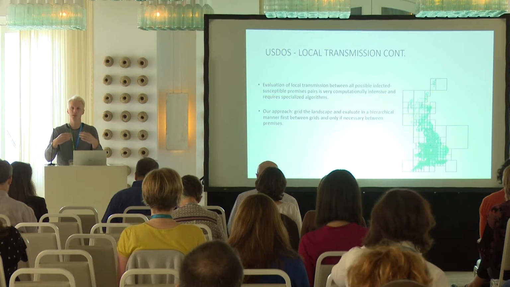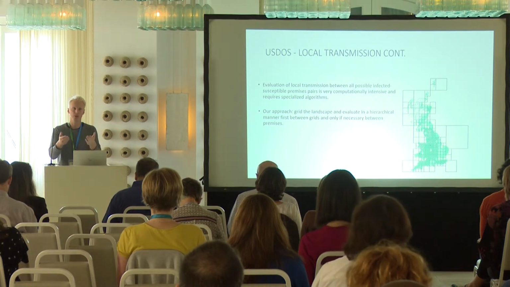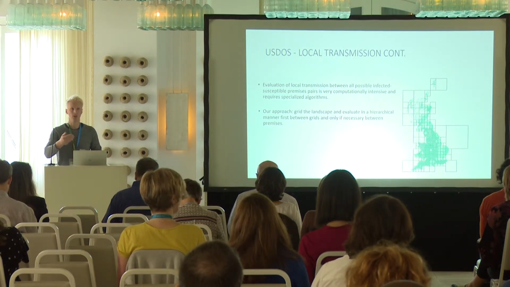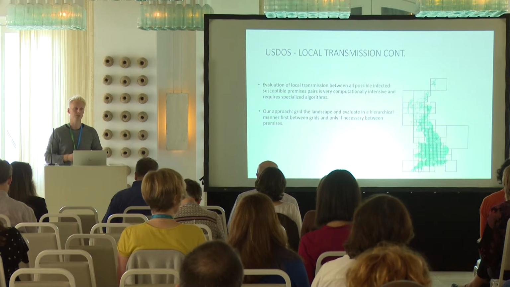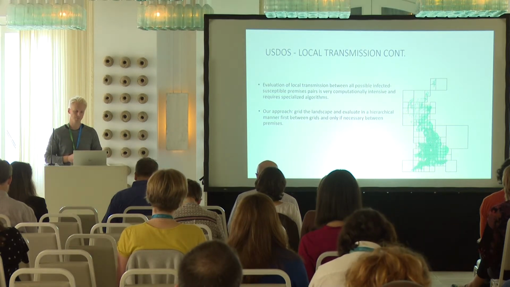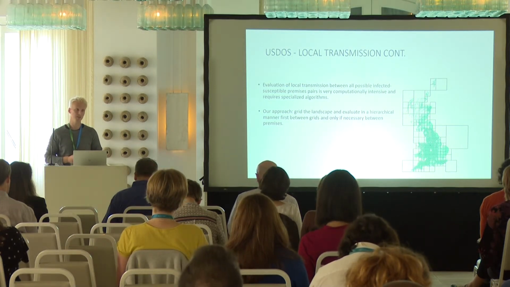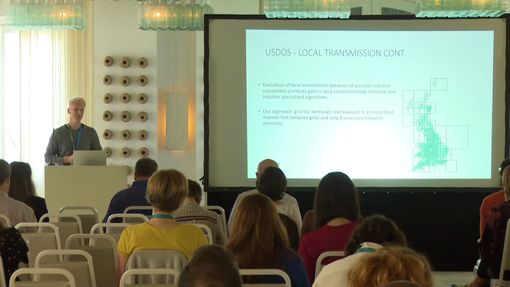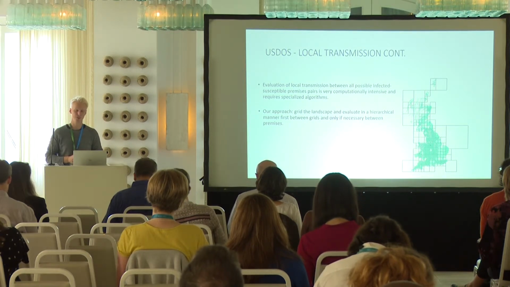And only if that is true, we go into the square and do the actual individual transmission events. And I realized that this is the UK. It's just there to show you roughly what it looks like.